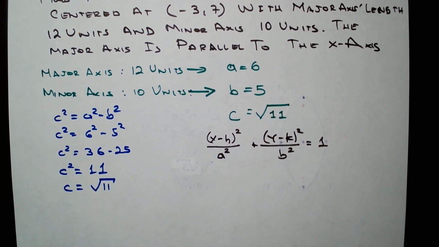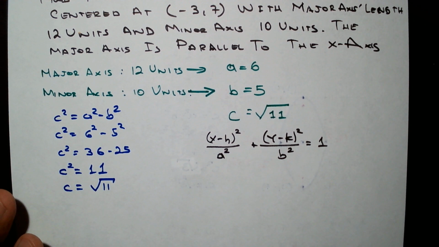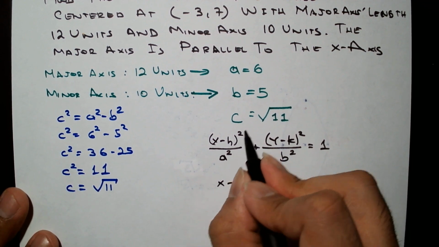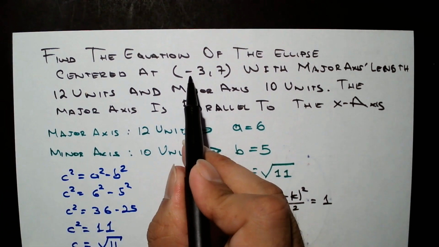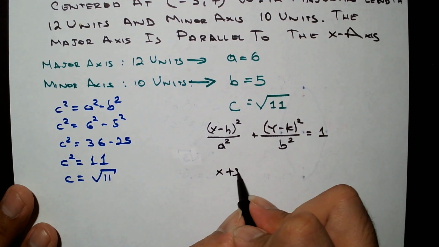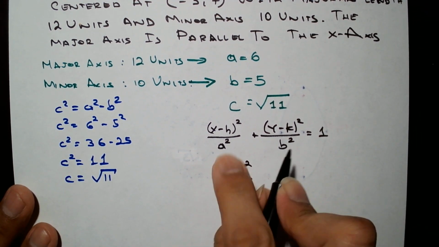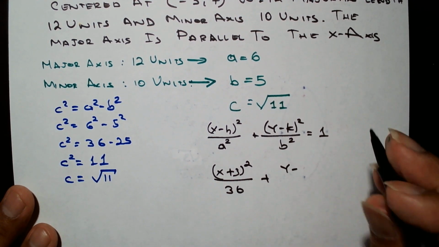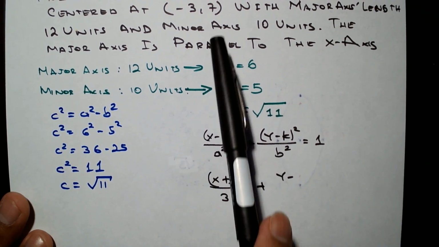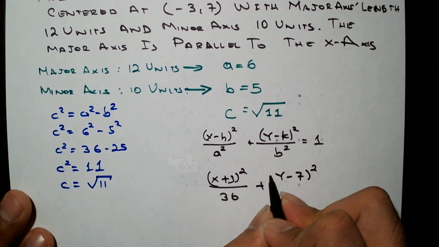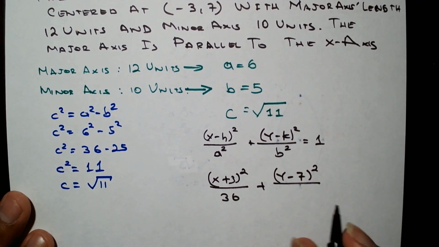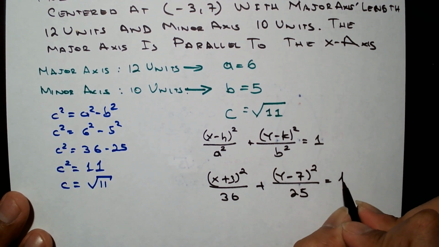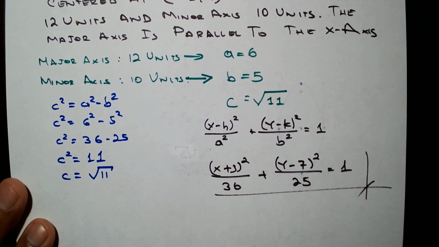All right, so let's see. X minus h, which in this case is given, it's minus -3, that's a plus 3 otherwise, over a squared, which is 36, plus y minus k, which is 7, y minus 7, and divided by b squared, which is 5 squared, otherwise 25, that equals 1. And that's the equation that we were looking for.